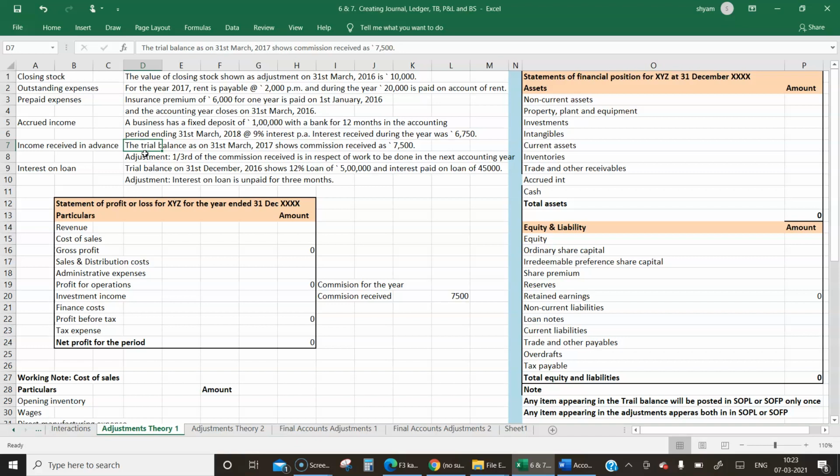And they say that, as an adjustment, 1/3 of the commission received is in respect of work to be done in the next year. So 2/3 of the commission is actually for this year, right? So 2 divided by 3 into 7,500 is for this year.